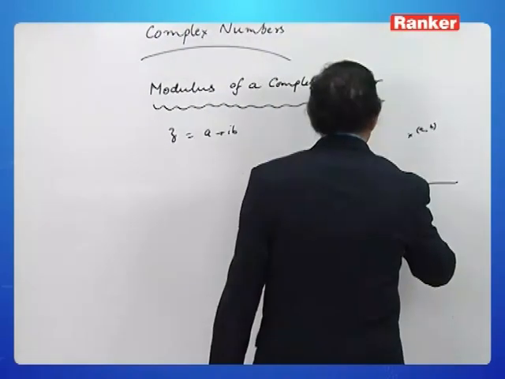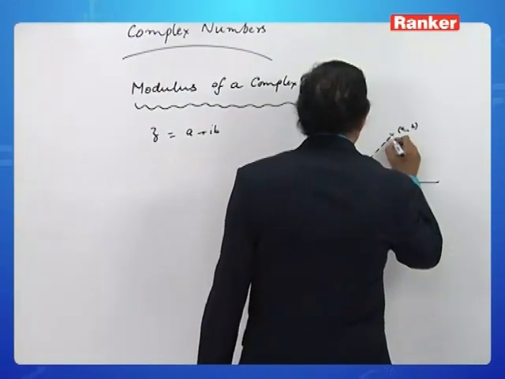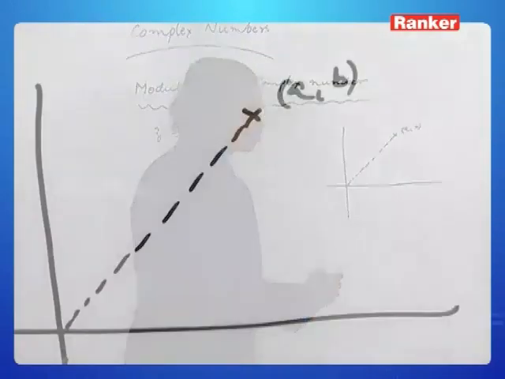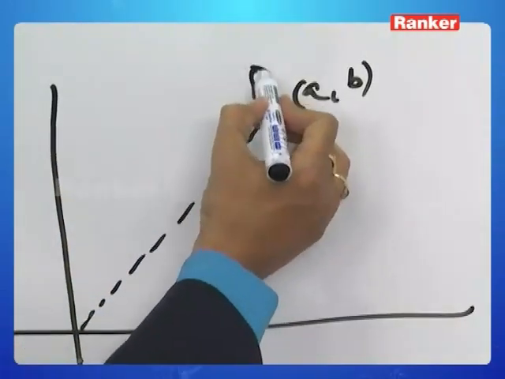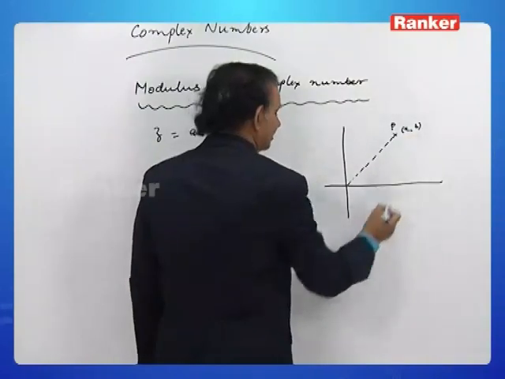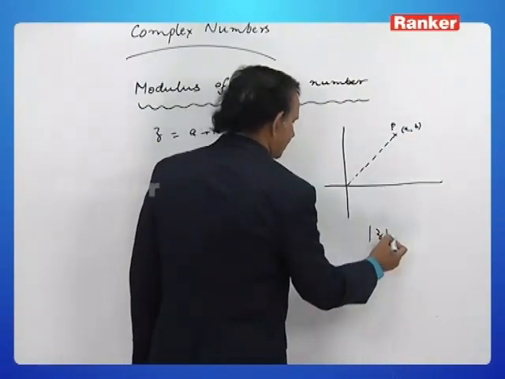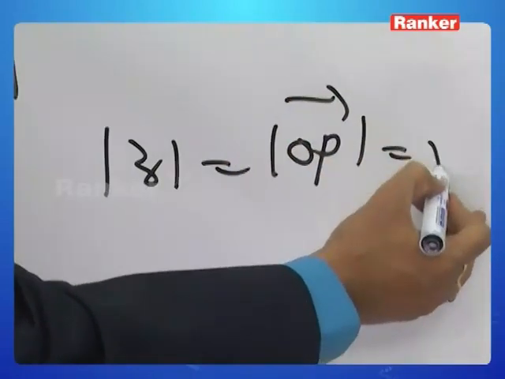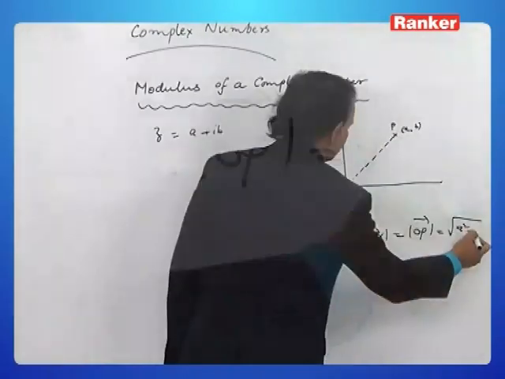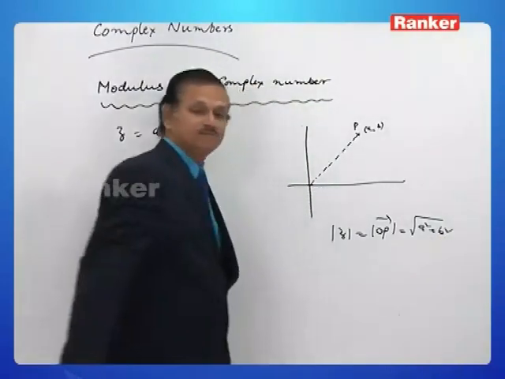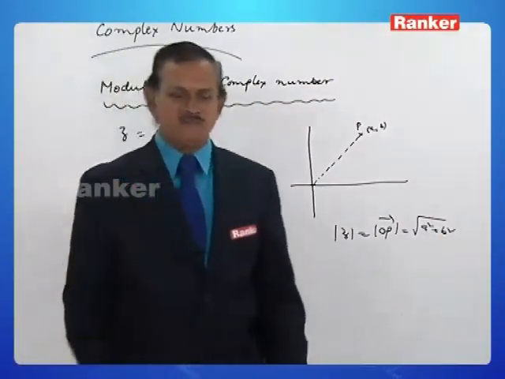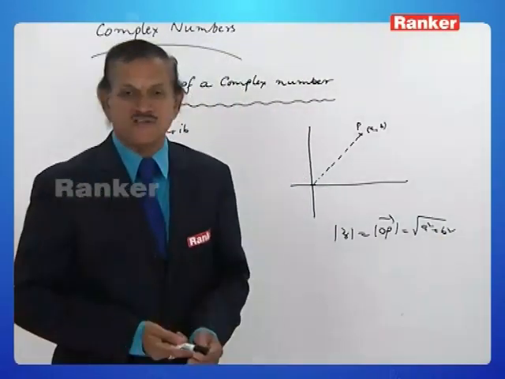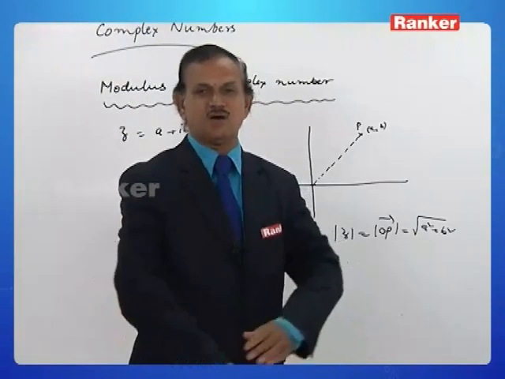What is the distance of this point (a, b) from the origin? If you call this z, mod z is equal to mod OP bar, which is equal to the square root of a square plus b square, isn't it? Whatever the system, the modulus of a number is nothing but the distance from the origin.